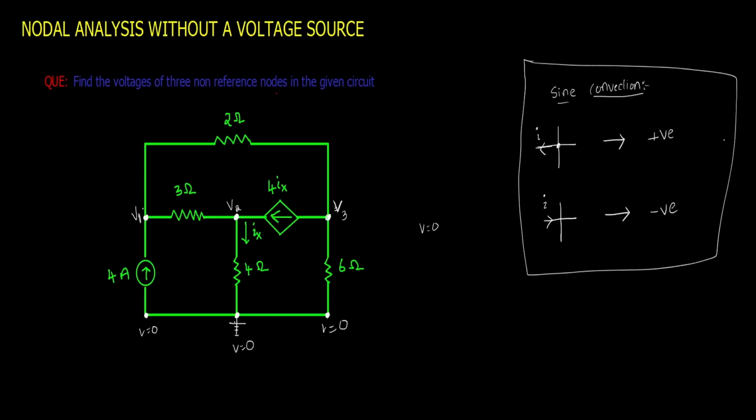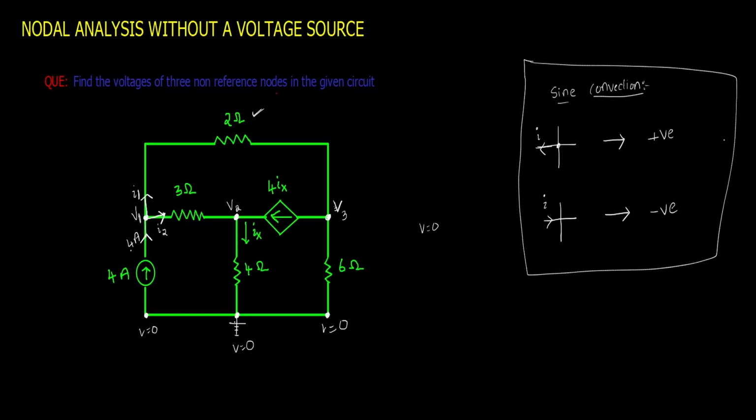Now let us consider some currents. Let us consider the current through this 2 ohm resistor from node 1 as I1, and through this 3 ohm resistor as I2, and we are already given a current source of 4 amperes in this branch, so we consider this as 4 amperes.